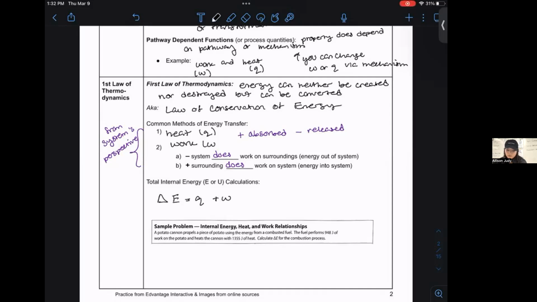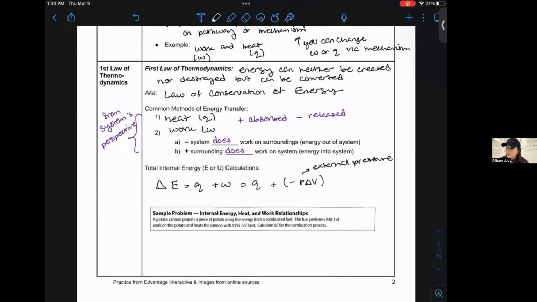Which could be written as Q plus work in physics, negative P times change in V, pressure and volume, where P is the external pressure. It's like the isobaric and isovolumetric.